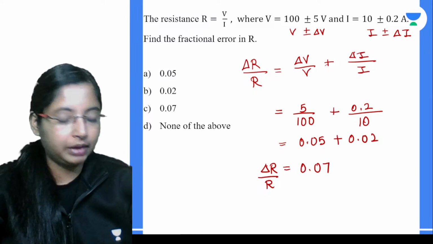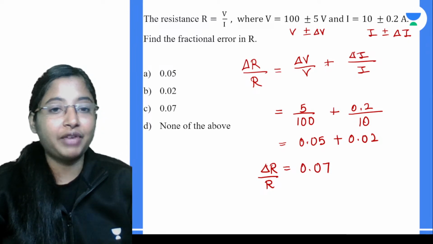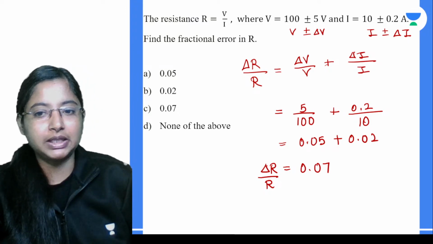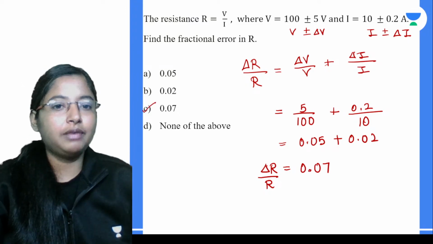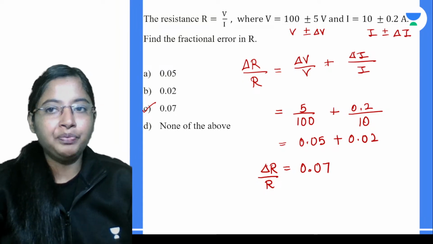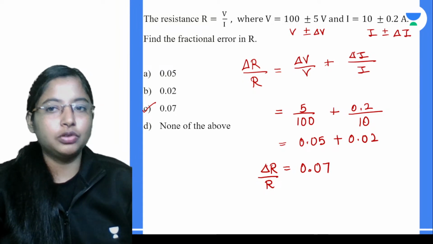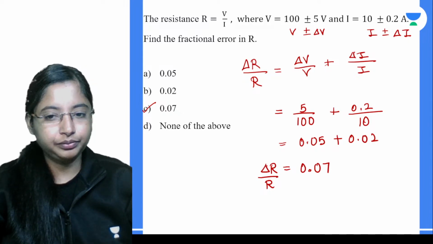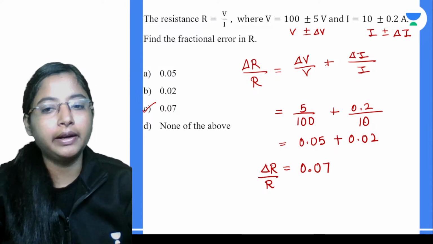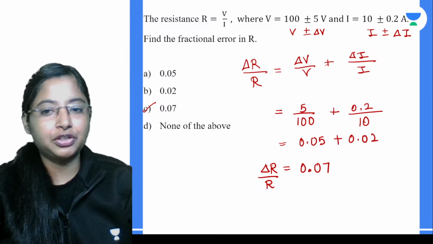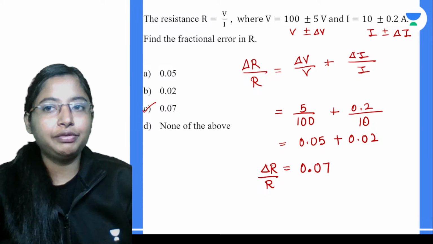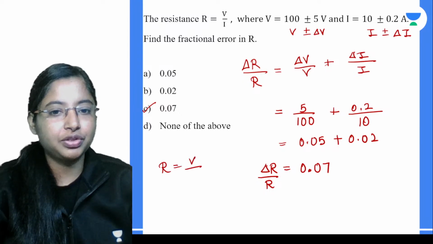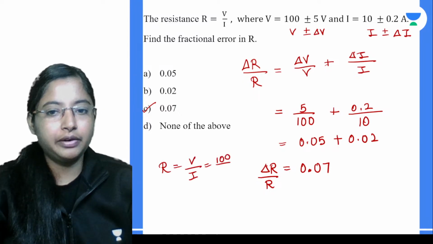Since we are finding error, we don't have to worry about the unit in this case. This is basically 0.07, that is the fractional error in the resistance. So how do we find the resistance value over here? If you want to find the actual value, it is just V by I. V is 100 divided by 10.